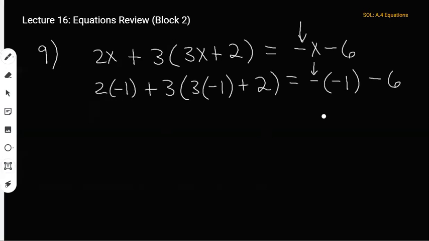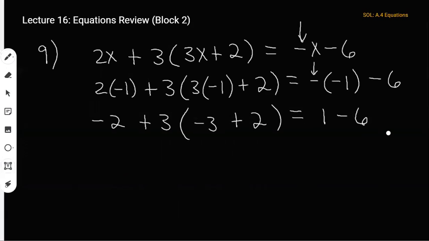So let's simplify the left side and the right side a little bit. I've got 2 times negative 1. That's going to give me negative 2. On the inside right here, I'm going to have 3 times negative 1. That's going to give me a negative 3. And on the other side, I'm going to have a positive 1 minus 6.